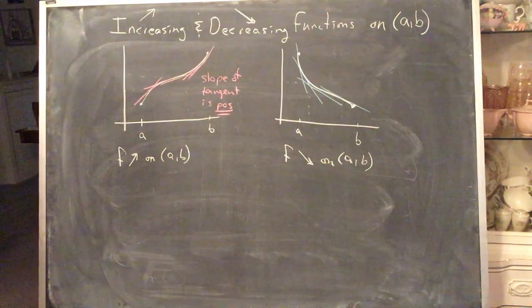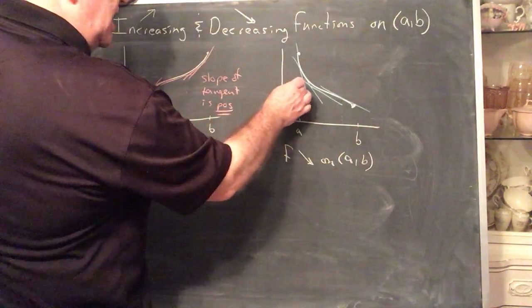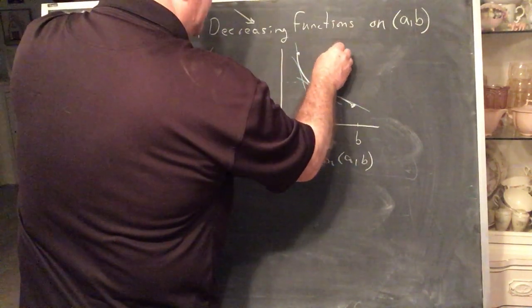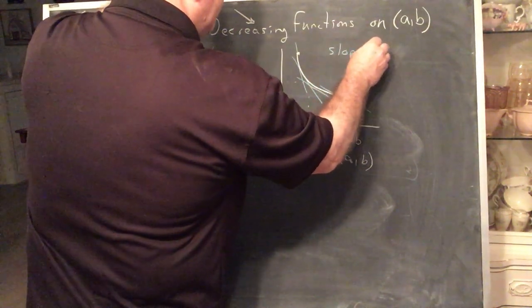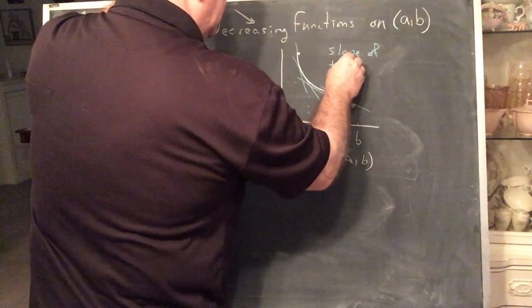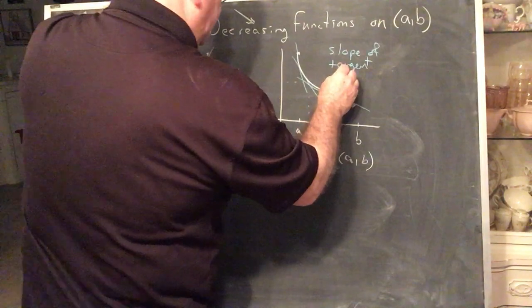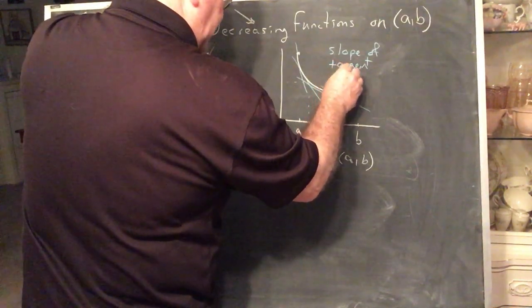Whereas over here, for the decreasing function, it's not too hard to convince ourselves that the slope of all the tangents, the slope of the tangent, is negative.